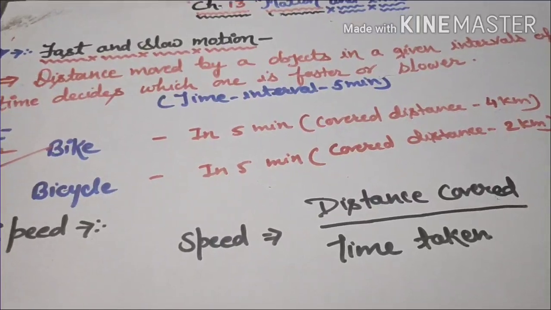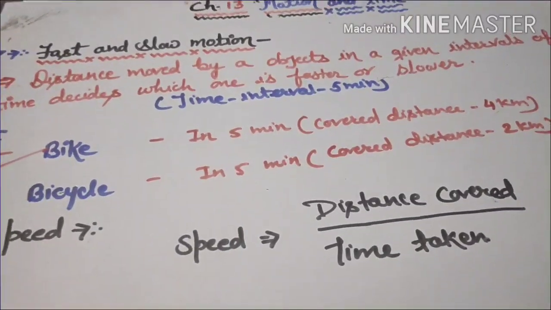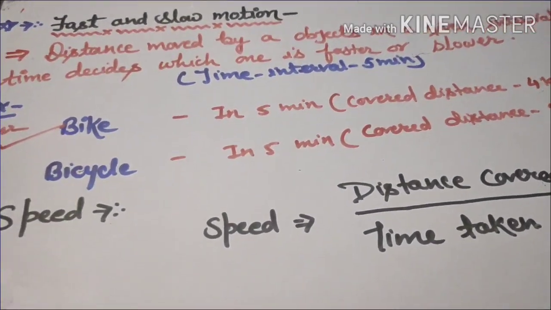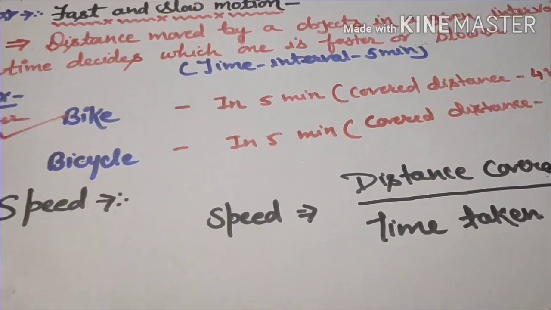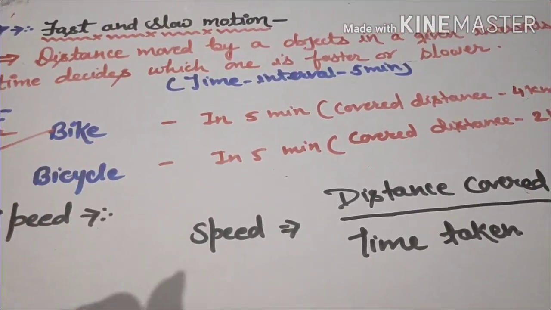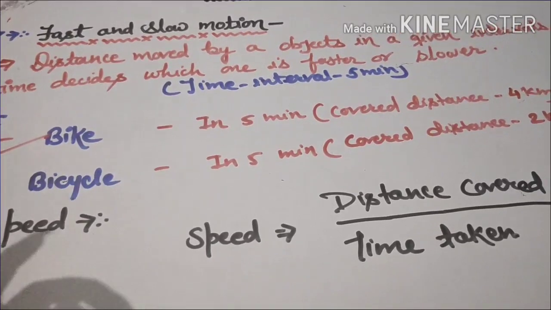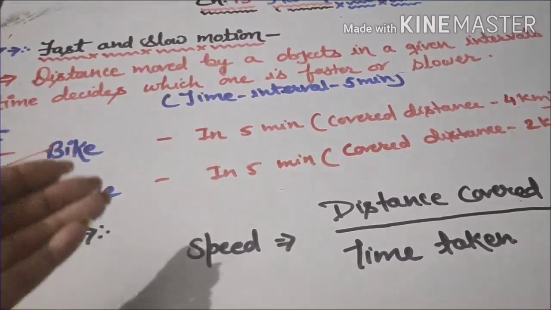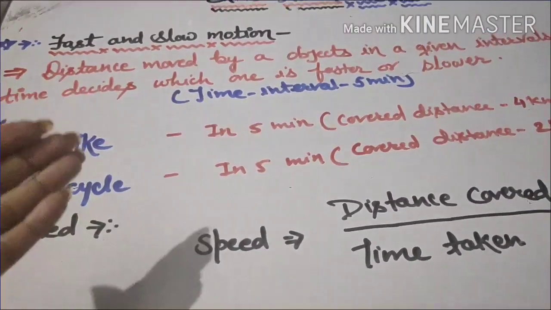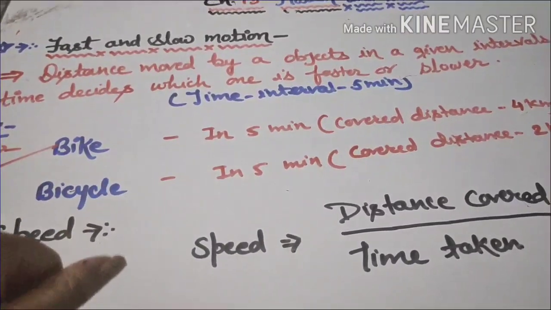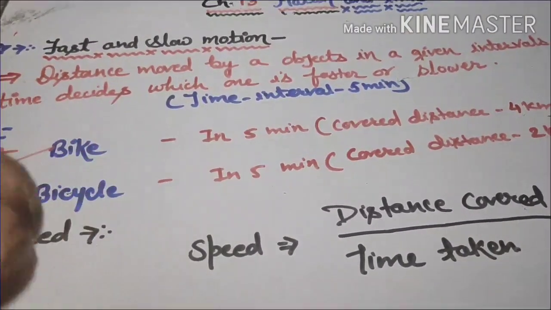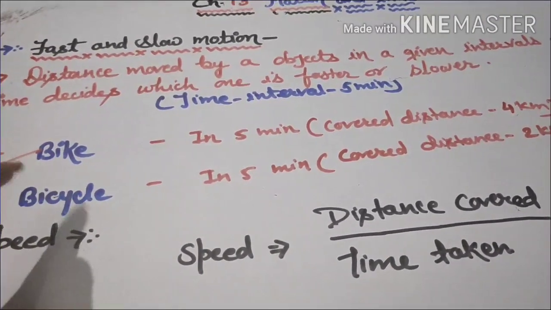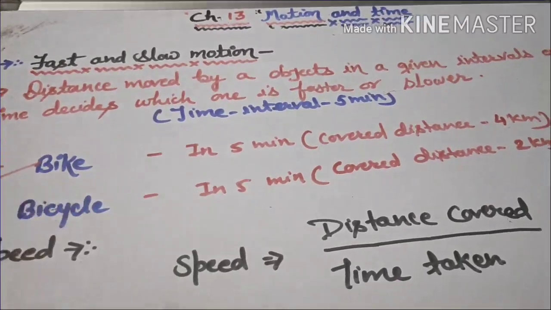So let's take an example. Suppose you have a bike and you have a bicycle, right? So these are two vehicles that you have. Now if you want to compare which of these two is faster, let's say we fix a time interval of 5 minutes, and then we observe how much distance is covered by this bike and this bicycle in 5 minutes.